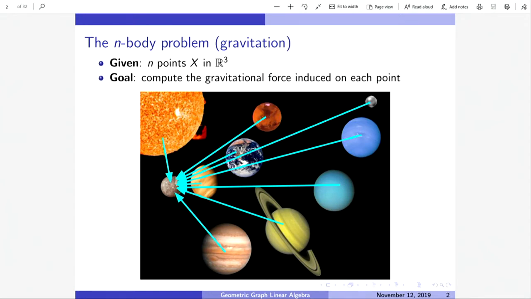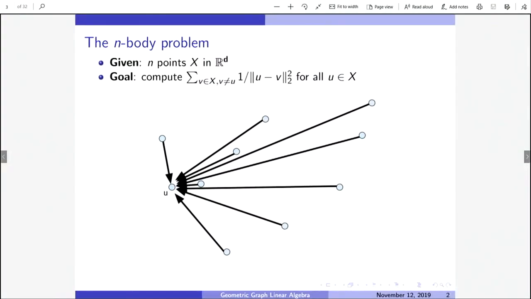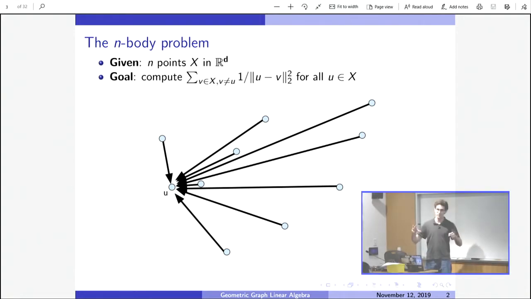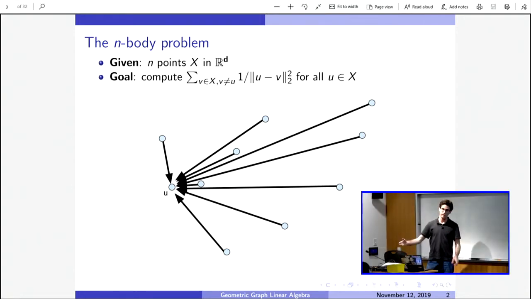But being computer scientists, let's not look at R3 and let's instead look at d dimensions. Also let's simplify the problem a little bit. Instead of computing the force induced by all of the points on each individual point, let's just compute the sum of the magnitudes of those forces.